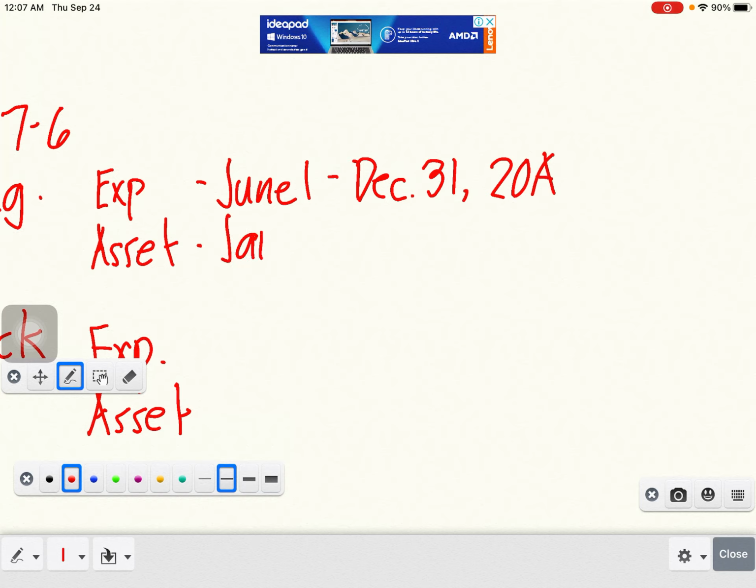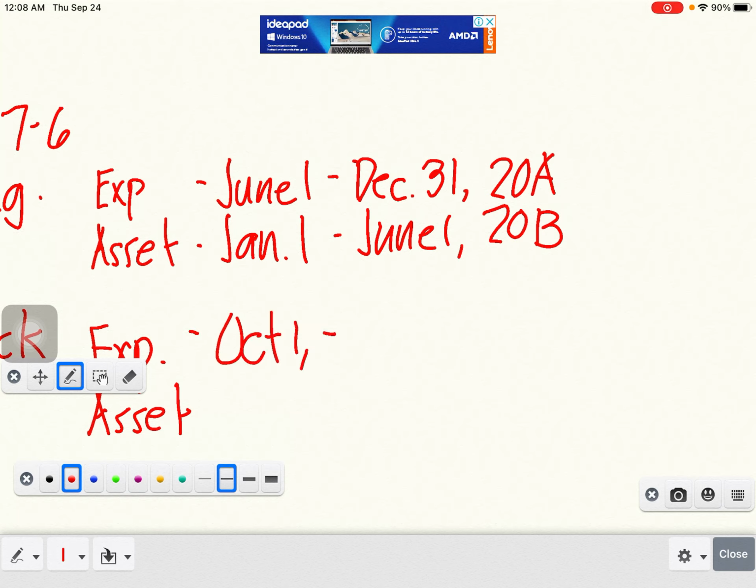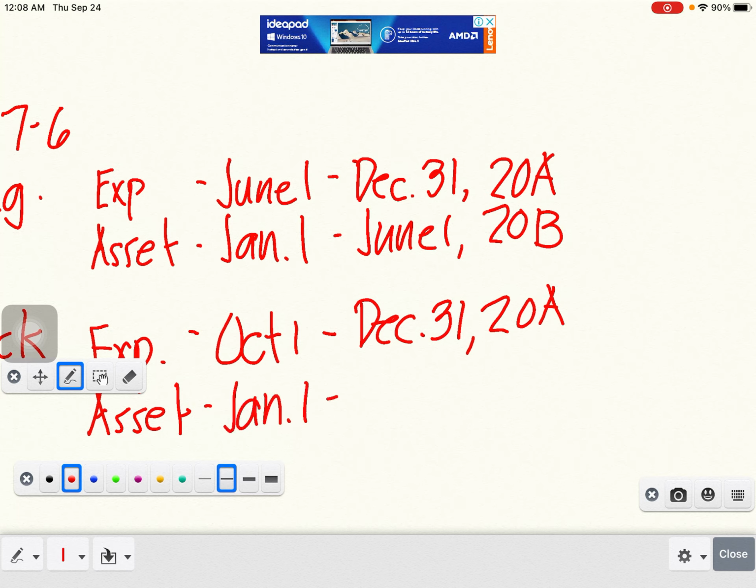The asset portion is January 1 until June 1, 20B. For the truck, the expense portion is October 1 until December 31, 20A, meaning the first year. Then the asset is January 1, 20B until October 1, 20B.